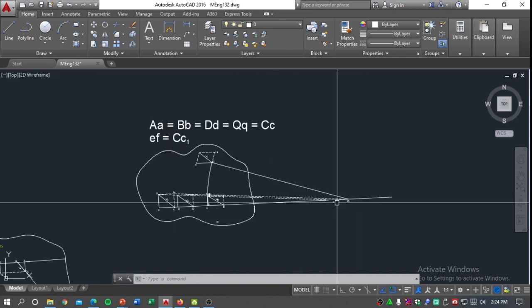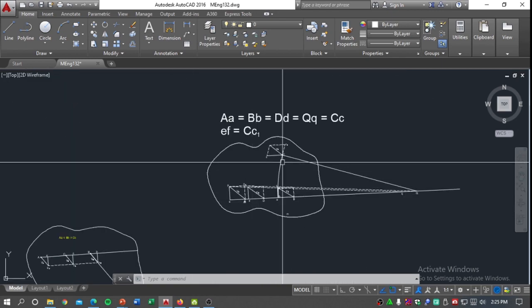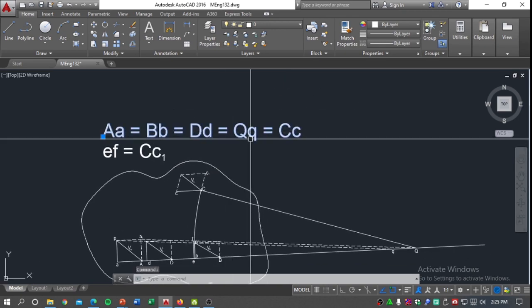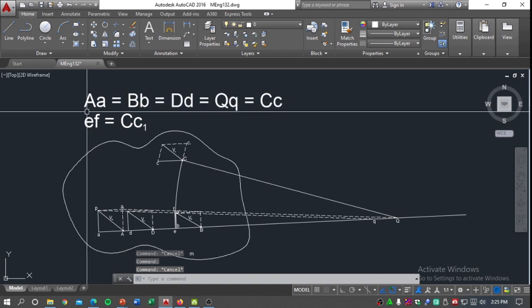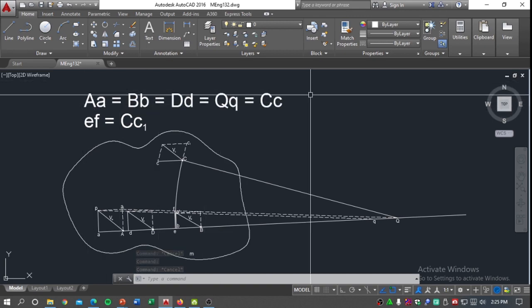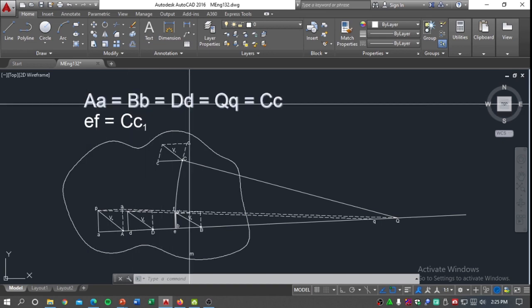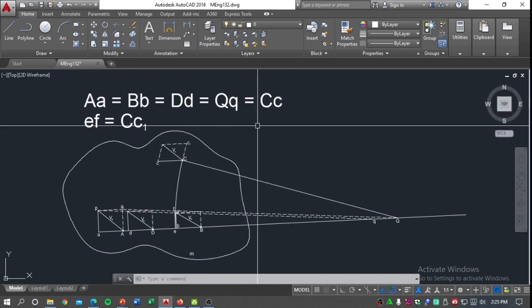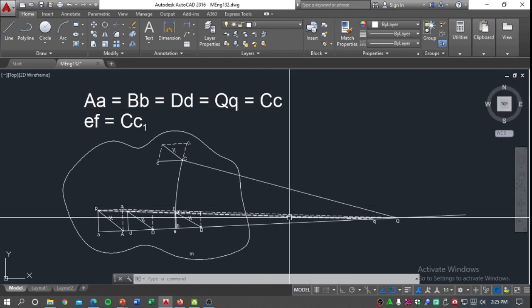So we eventually proved that the length of QQ is equal to the length of these components. Thus, AA equals BB equals DD, and QQ is equal to subsequently CC.